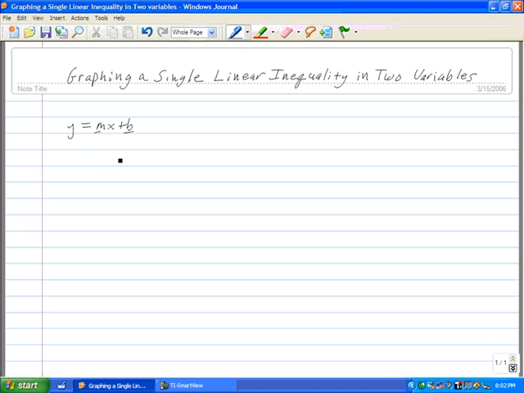For example, if we had 3x minus 2y greater than 6, we would first move the 3x over by subtracting it, or by adding a negative 3x, however you want to view that. The next thing we need to do is get rid of the negative 2, and of course we'll do that by dividing.